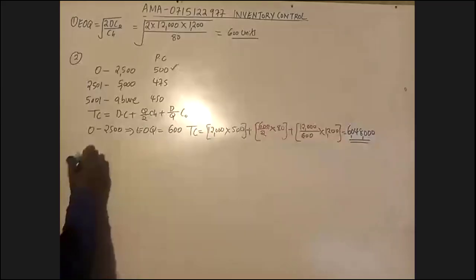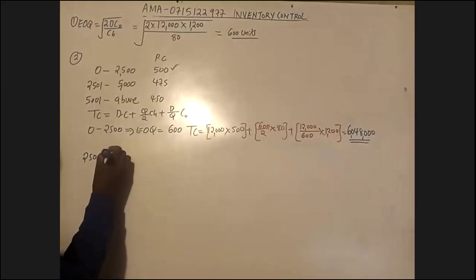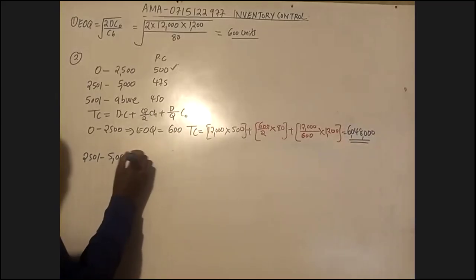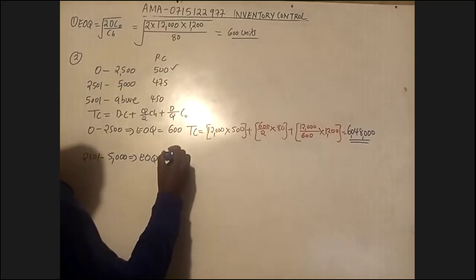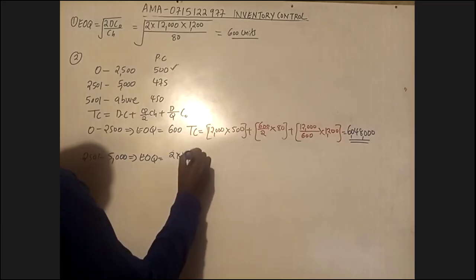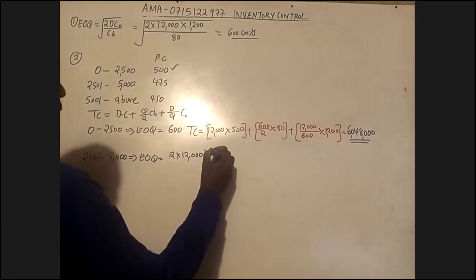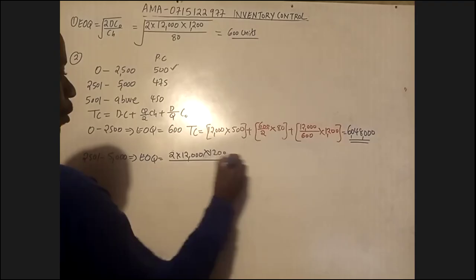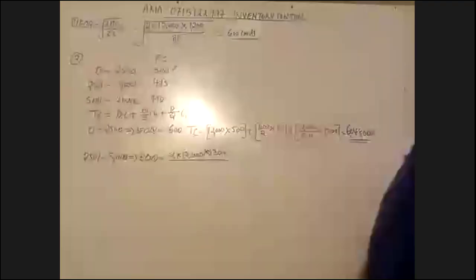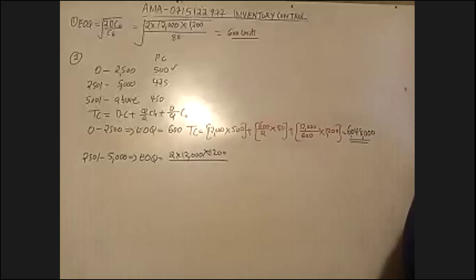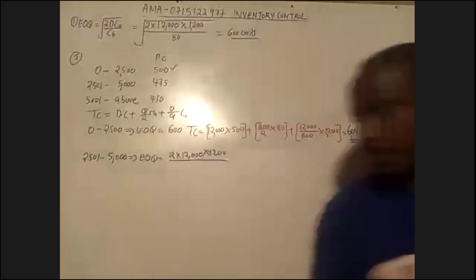Between 2501 to 5,000. So you find out your Q, which itakuwa ni 2 times 12,000 times 1,200 over our holding cost ilikuwa ngapi? So you need to calculate for that part. 20 plus.